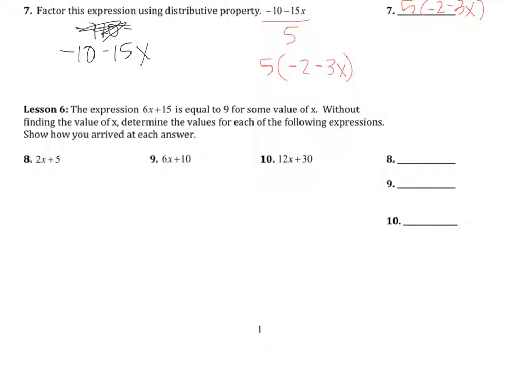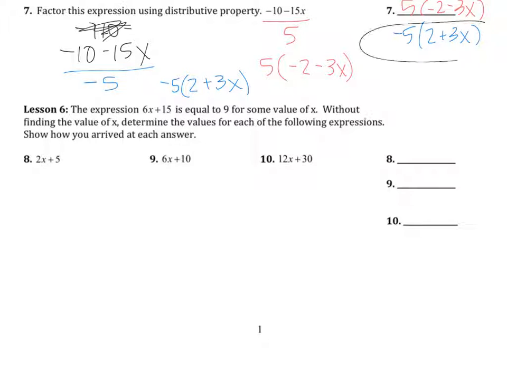If I divide by a negative 5, because they both have a negative 5 in them, then I have positive 2 and positive 3x. So the other way to do this one would be positive 2, positive 3x. The actual correct answer would be this one, but for this quiz I will accept either one.